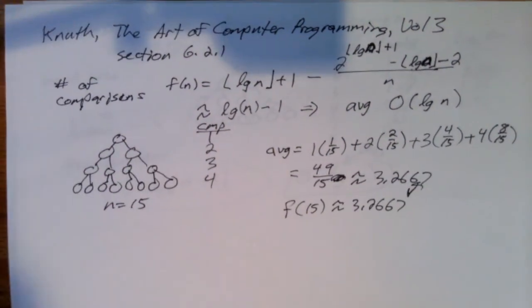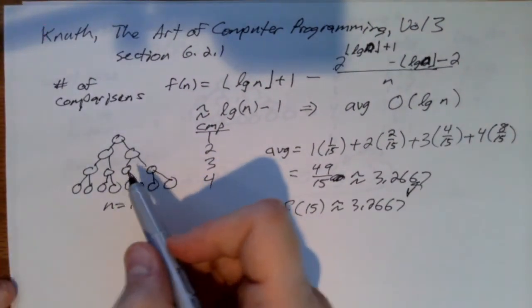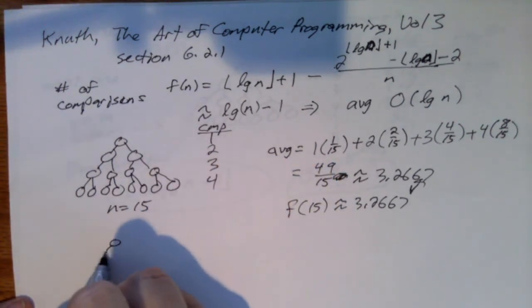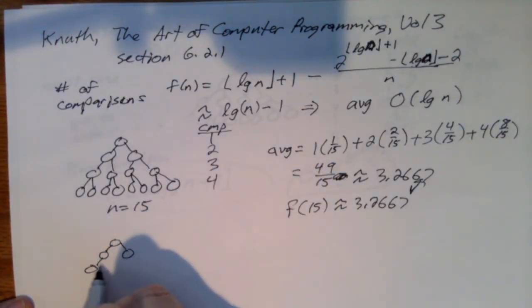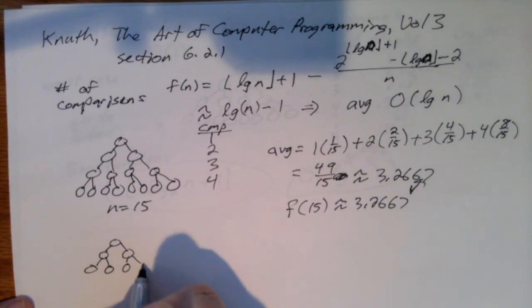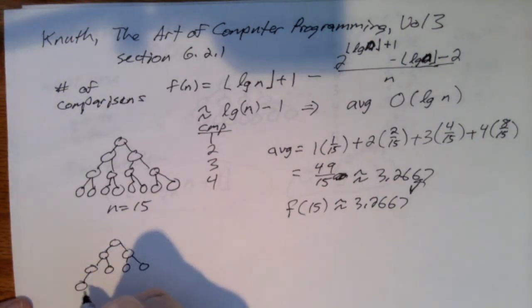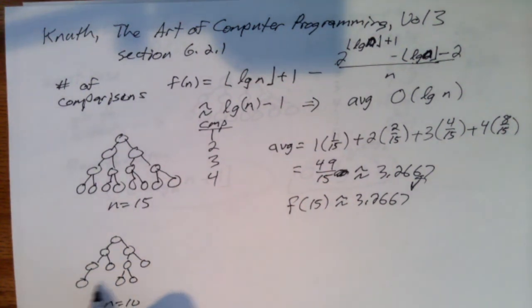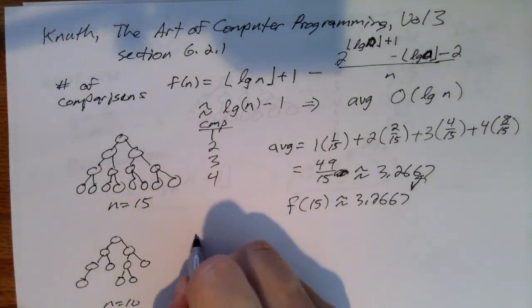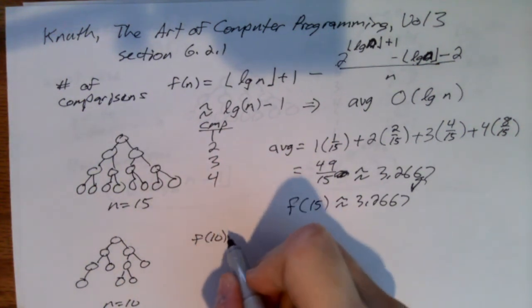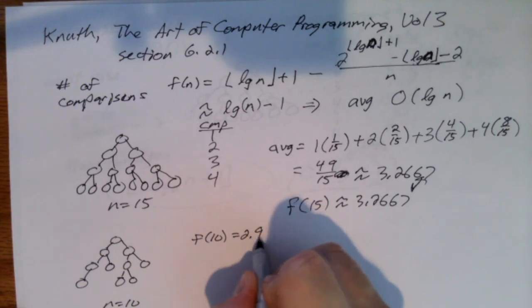All right. What if we had a tree that wasn't complete? Let's say we had this, but it's still balanced as much as we can. So here we have n equals 10. The fourth row just has these 3. The function tells me this is equal to 2.9 exactly.